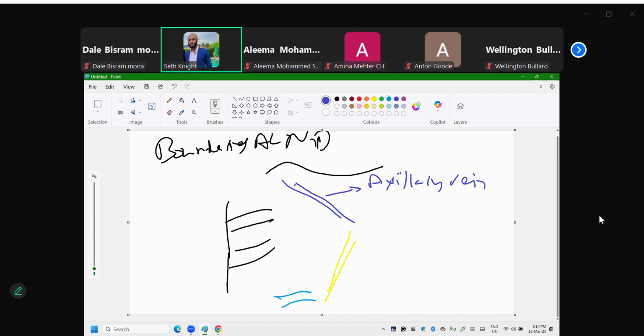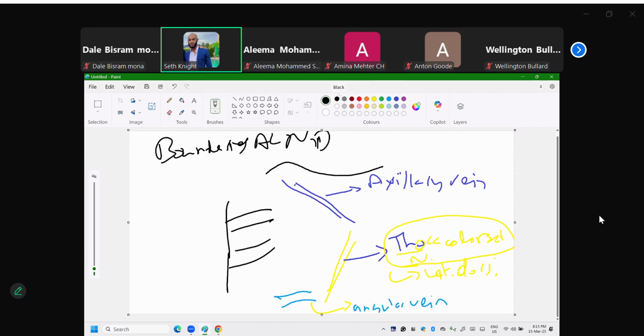Lateral is the thoracodorsal nerve. If you don't see the thoracodorsal nerve as an option, you can also see the actual muscle it supplies, that's the lat dorsi. But most times you will see the actual nerve. The inferior would be another vein, and this is your angular vein.